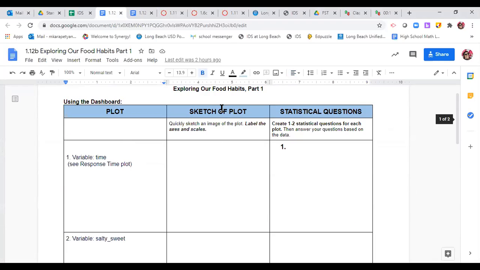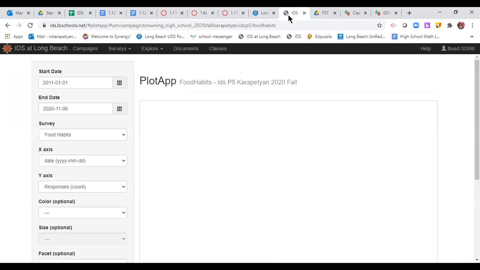You're asked to sketch a plot, but I'm telling you to screenshot it and paste it. Then you have to create 1 to 2 statistical questions for each of the plots that you're seeing, and then answer it based on the data you're seeing in the plot. So pay attention here. This is how you're going to use the plot app.